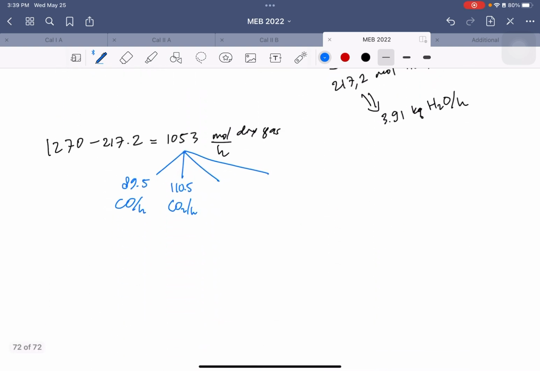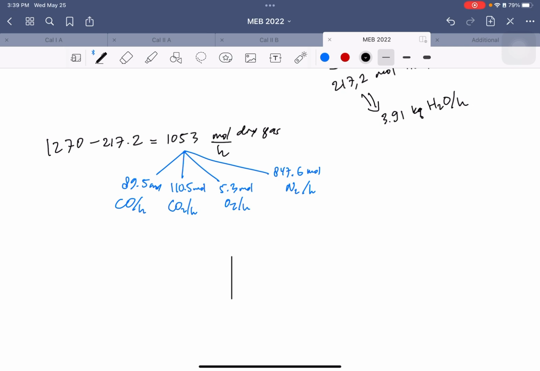So nitrogen should be the highest one. So this will be oxygen, mole of oxygen per hour. This is 847.6 mole nitrogen per hour.